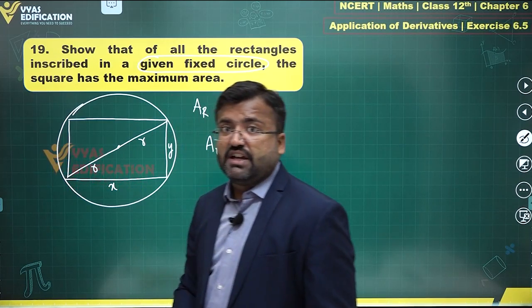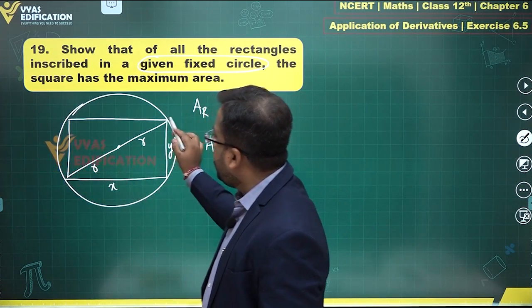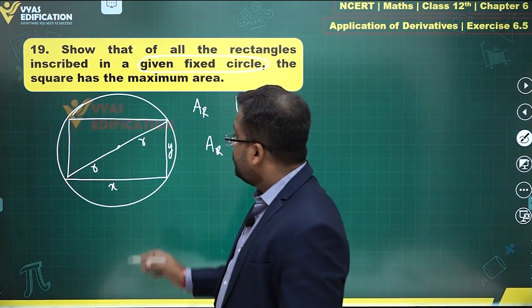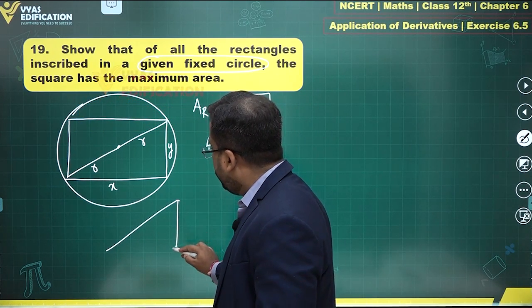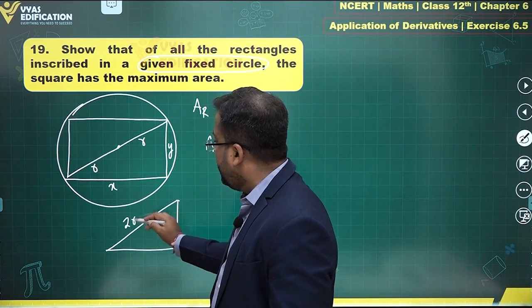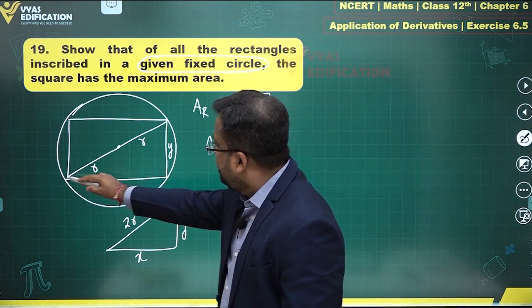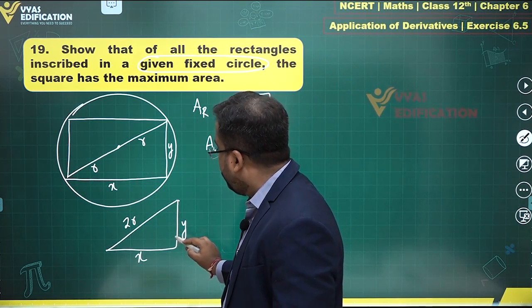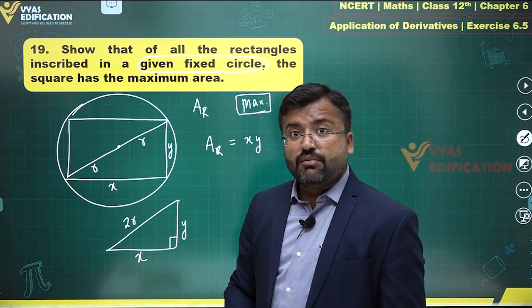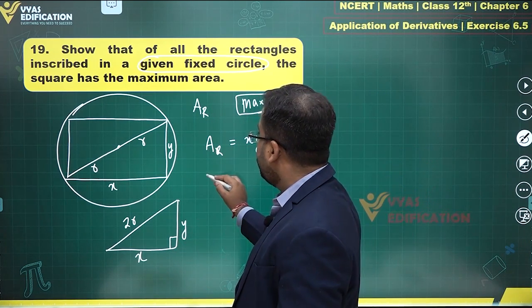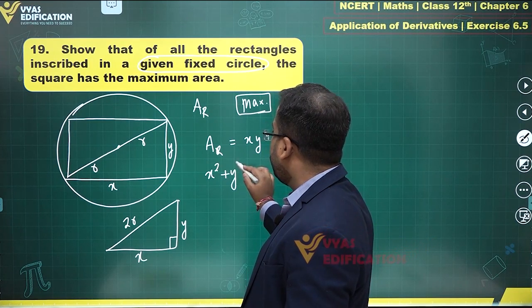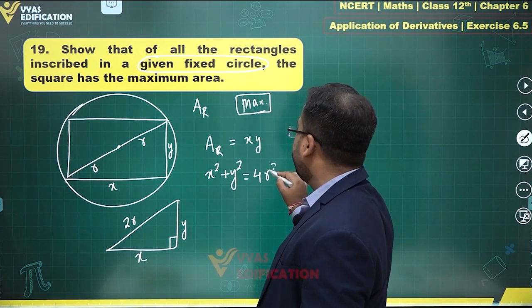This throughout will be the diameter, yes or no? Yes. So in this triangle over here, do you observe that this is 2r, this is x, this is y, and the diameter subtends an angle of 90 degrees at any point on the circle. This is 90 degrees. On the basis of this, from Pythagoras theorem, this is what you get.